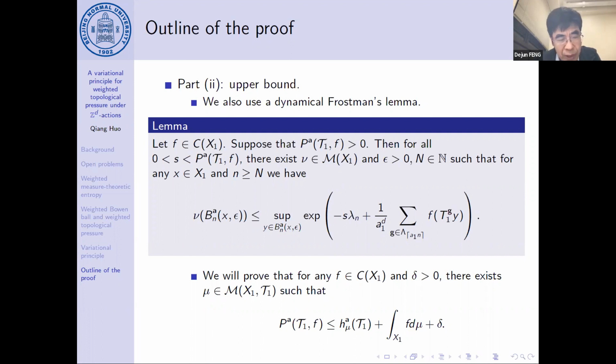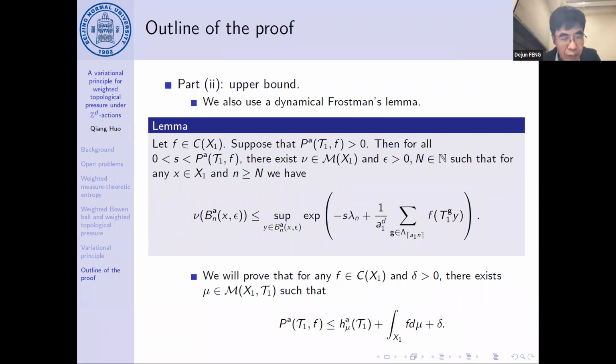He used a special combinatorial argument to find this invariant measure. That was further elaborated by Pesin and Pitskel.